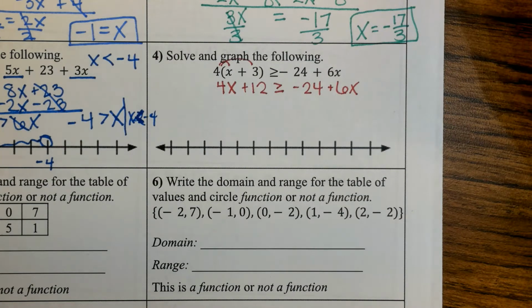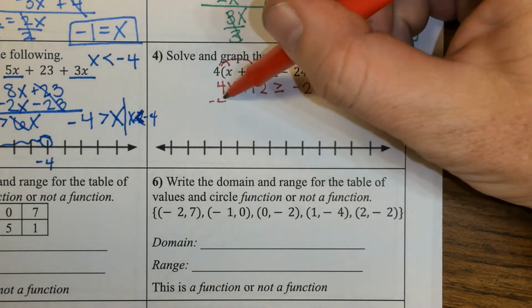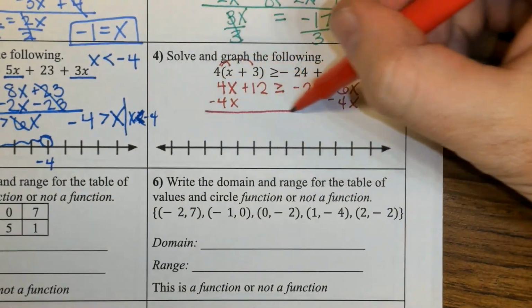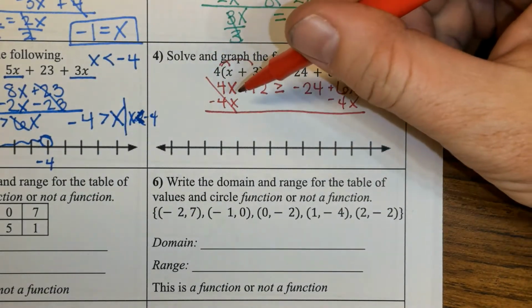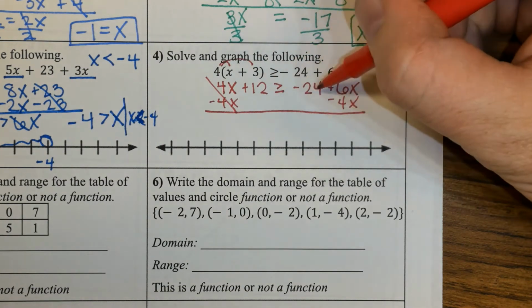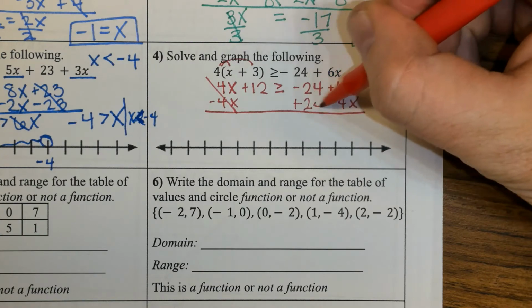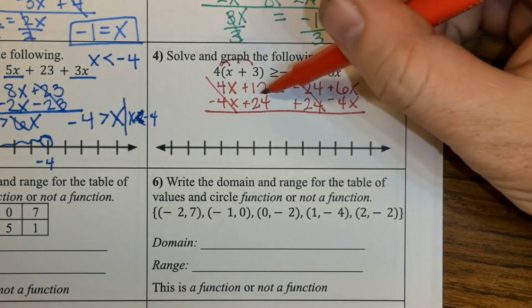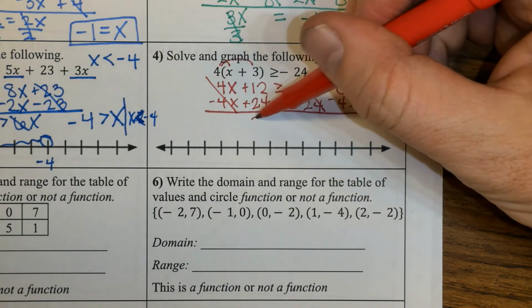Now I move my smaller x, so 4 is smaller than 6. And if my x's go to the right, my numbers go to the left. So negative or minus 24 becomes plus 24. Okay, so 12 plus 24 gives me 36.